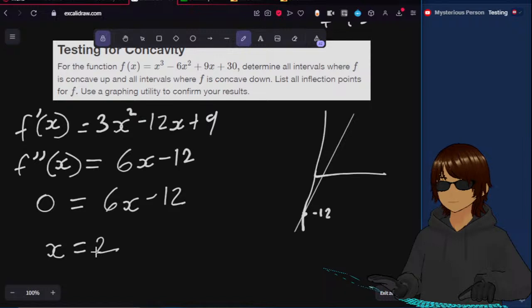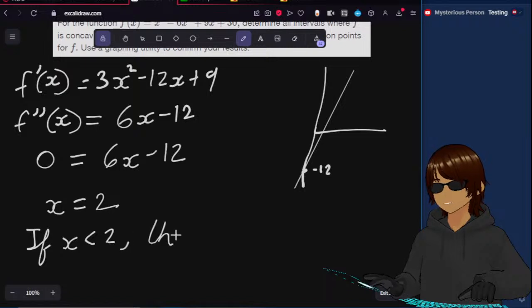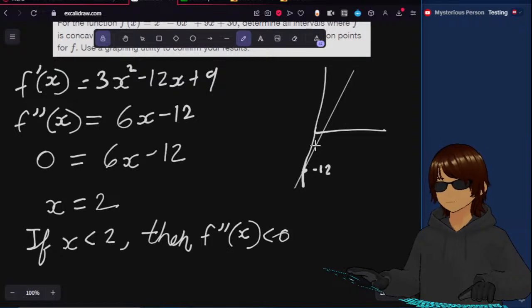Two. If x is less than 2, then the double gradient is less than 0.